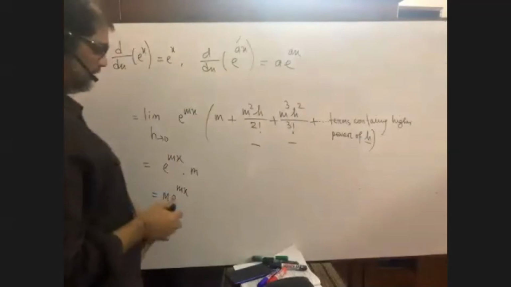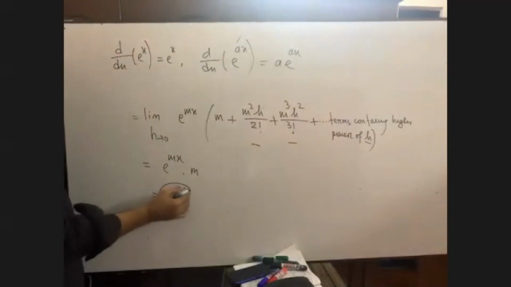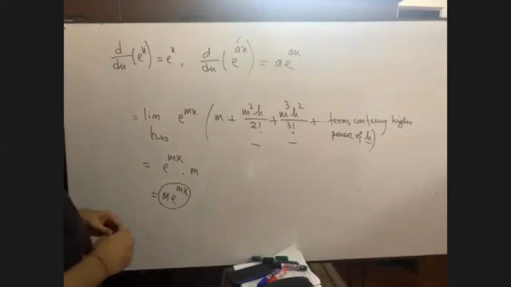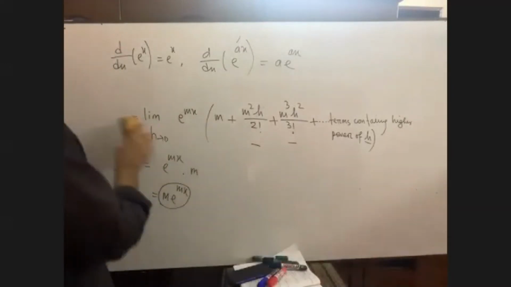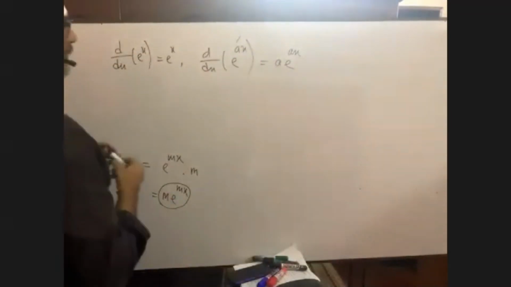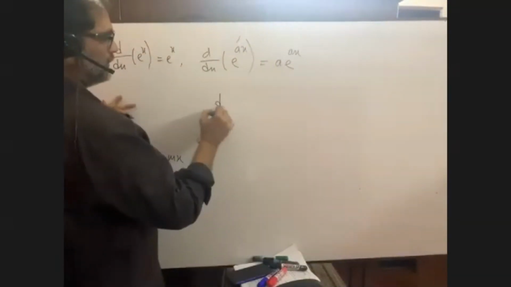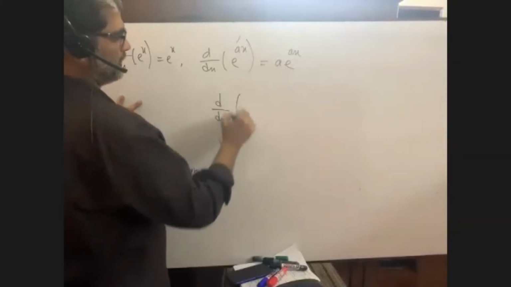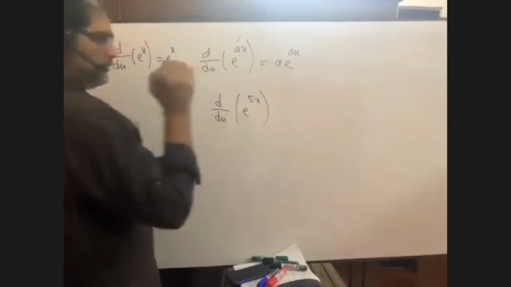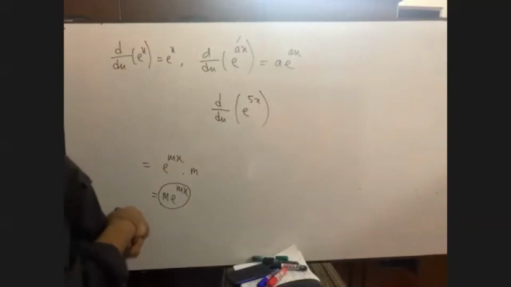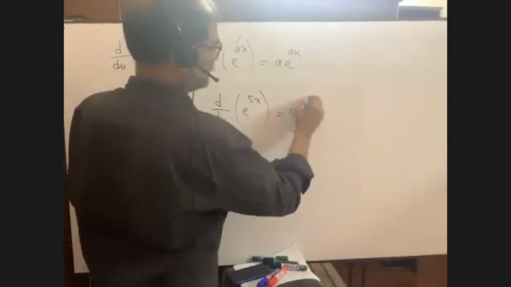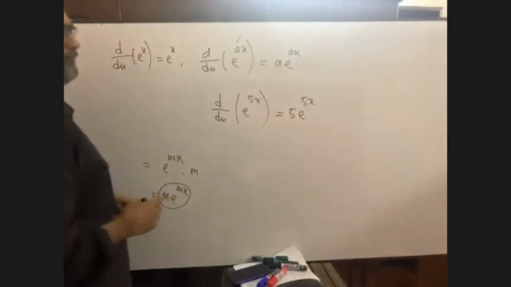You see the similarity. Suppose if you see a math like this, d by dx e to the power 5x. What will be our answer? Our answer will be 5 e to the power 5x.